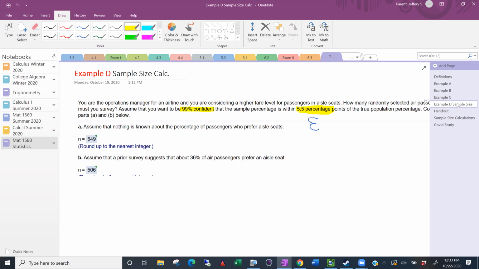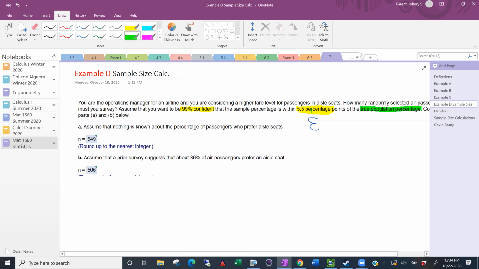And for part A, I want to be 99% confident, and I want an error of 5.5 percentage points, so that the sample percentage is within 5.5% of the true population percentage. Remember, that's what we're always trying to estimate, this true population parameter. And this section is percentage.